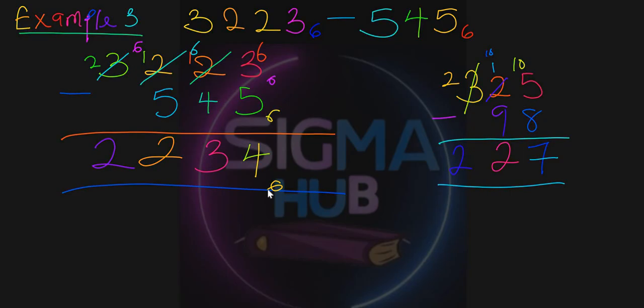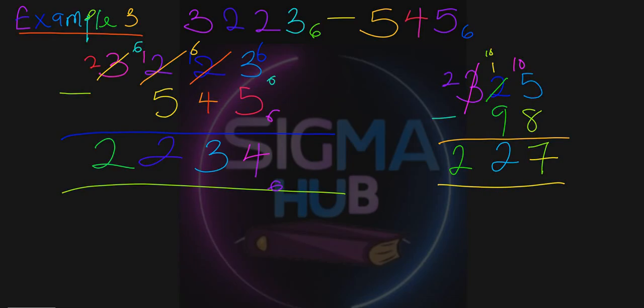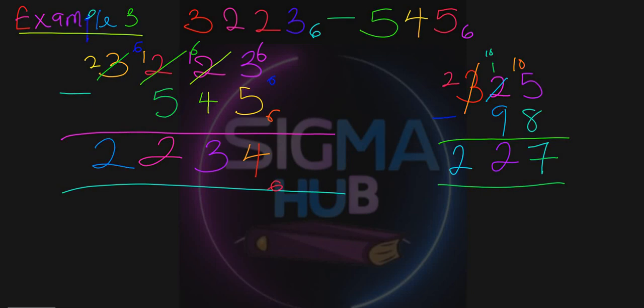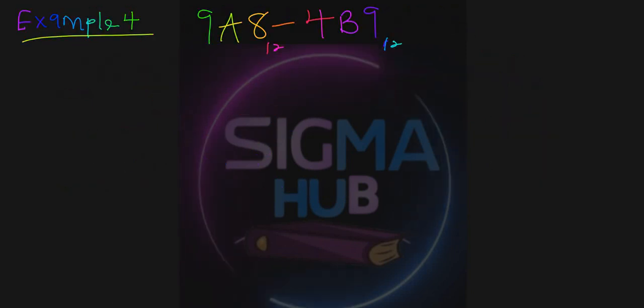Now let's quickly do one more example, which is going to be our last example for this video. So we have 9a8 base 12 minus 4b9 also in base 12.